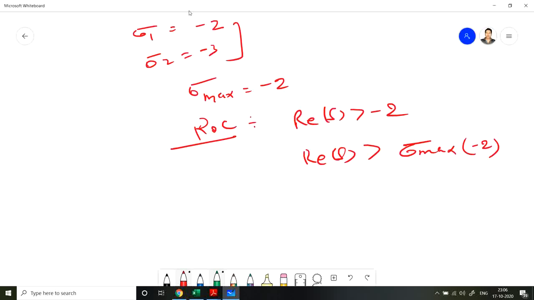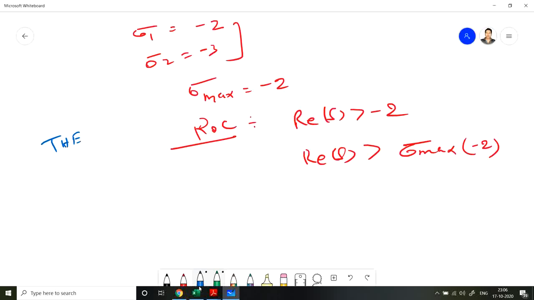So this proves our property that the ROC of a right-sided signal is to the right of the rightmost pole.